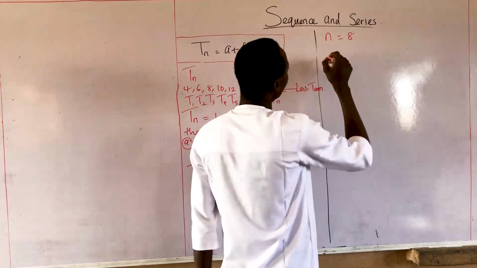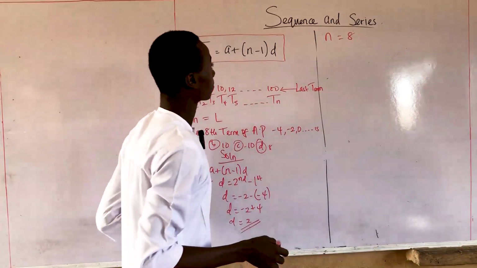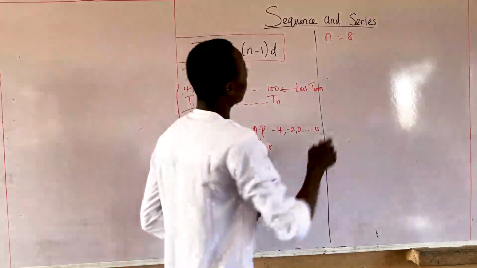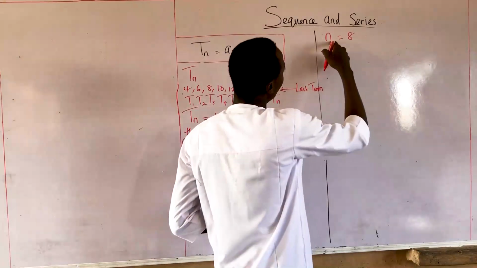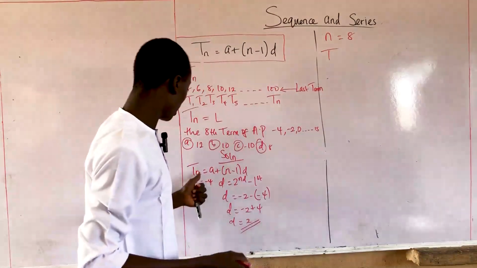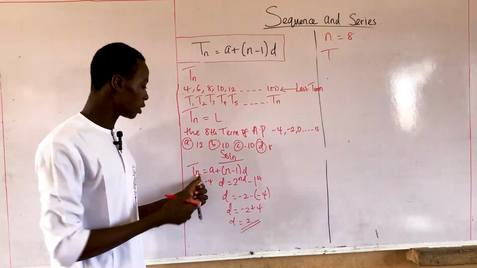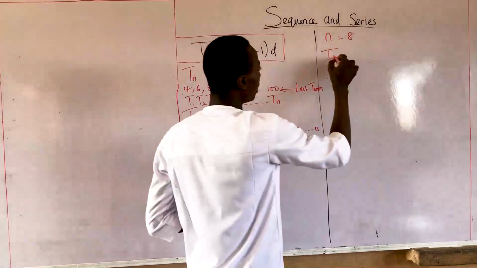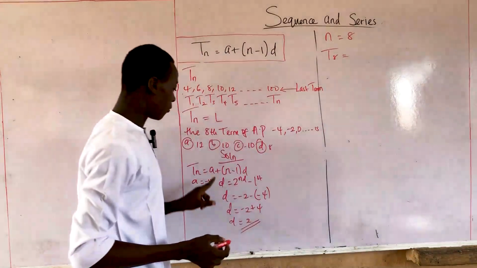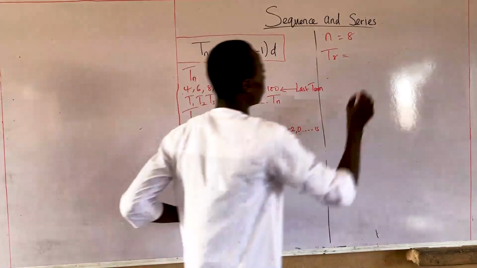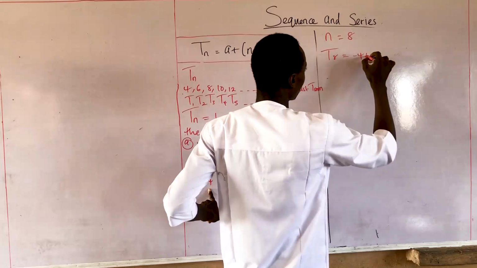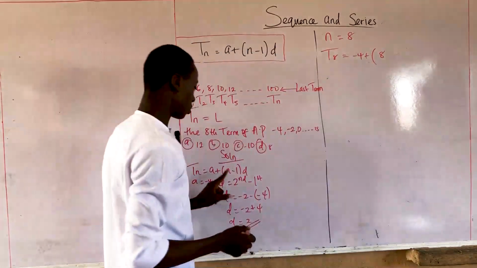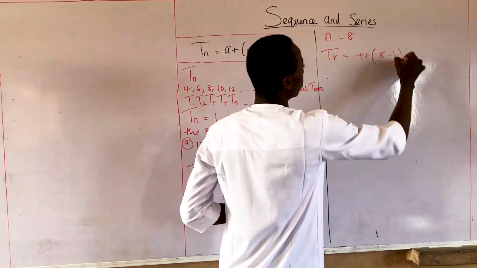Solution, right? So our Tn, since n is equal to 8, we are going to substitute. We are going to write 8 instead of n. So T8 is equal to, what is our first term? Our first term is minus 4 plus open bracket n, our n is 8, minus 1 close bracket d.